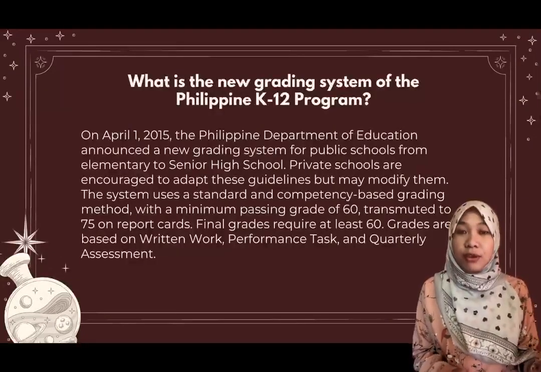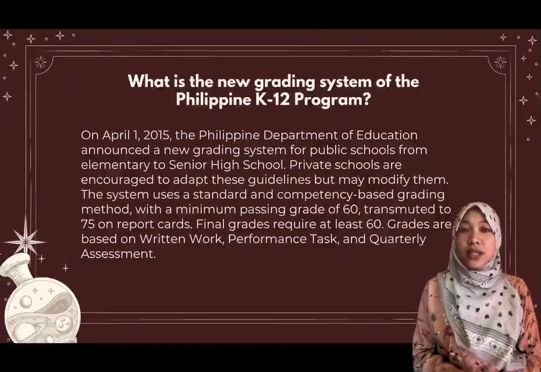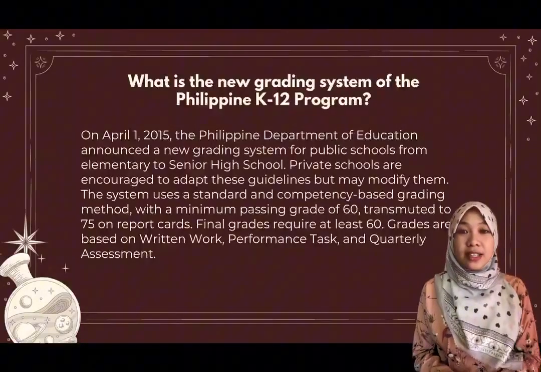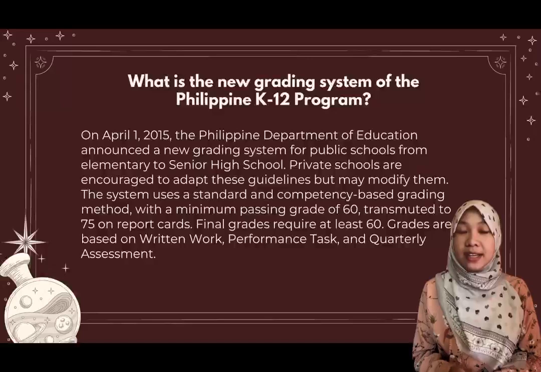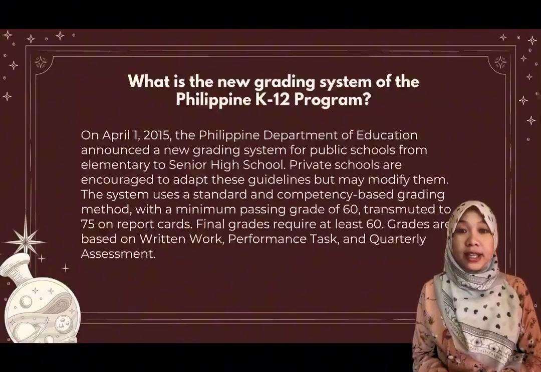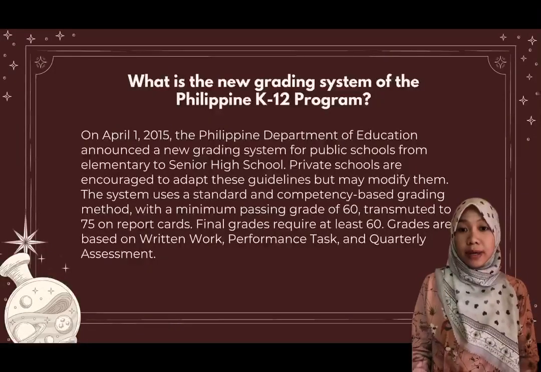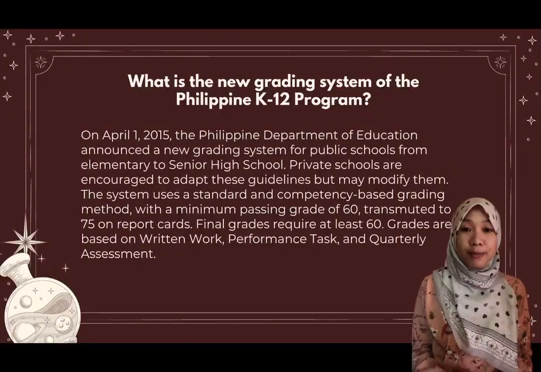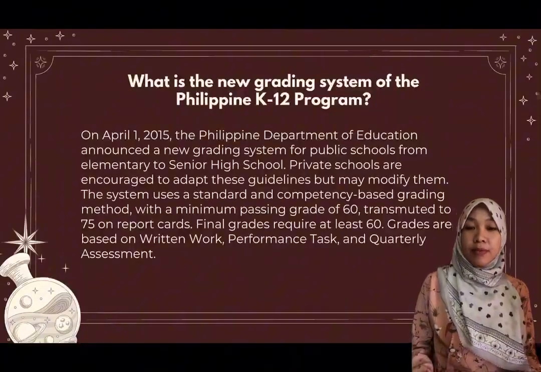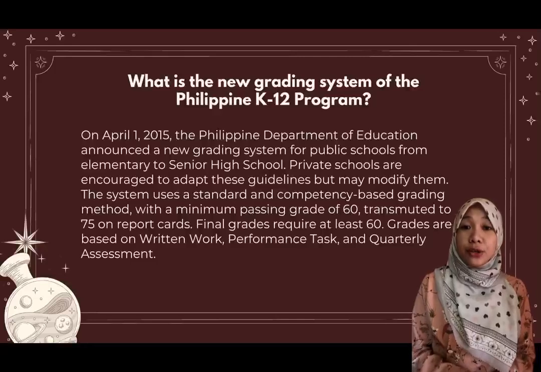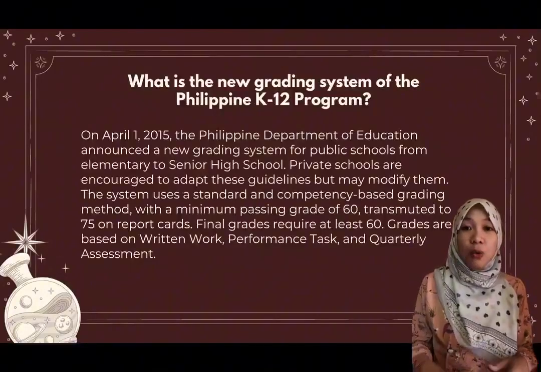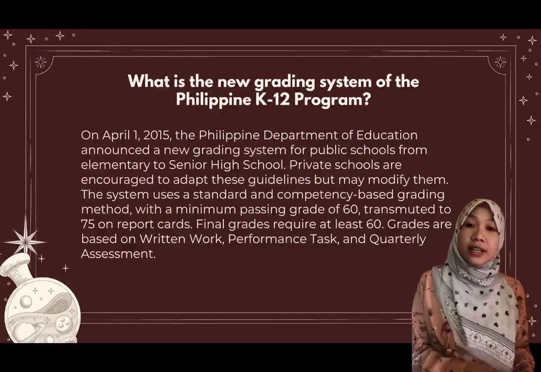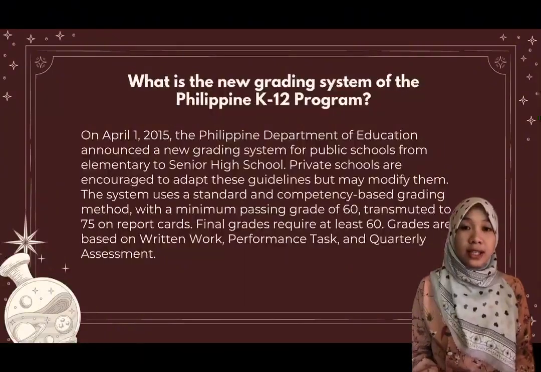So grades come from three parts: the first one is the written work, the second is the performance task, and the third one is the quarterly assessment. Basically, the Philippine K-12 program uses a competency-based grading system, which means your grade reflects how well you've mastered the learning objectives for each subject.